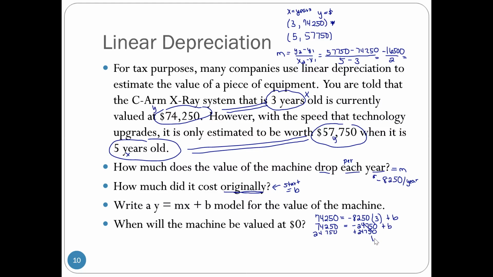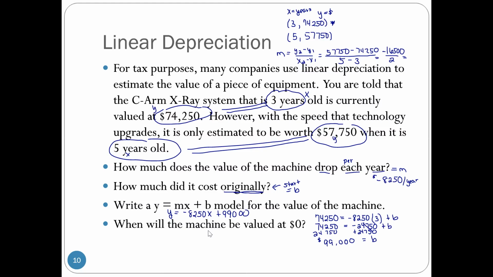These guys cancel, and I have B is equal to $99,000. Expensive piece of equipment, but it's medical equipment, so we're not surprised. So write our equation. When I write my equation, I'm just filling in both the slope and the starting amount, the B. So y equals negative 8,250 x plus 99,000.